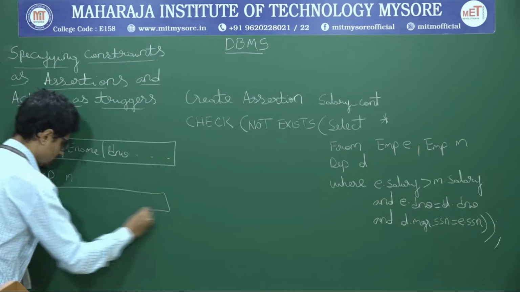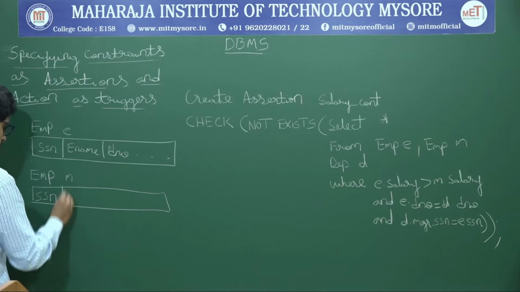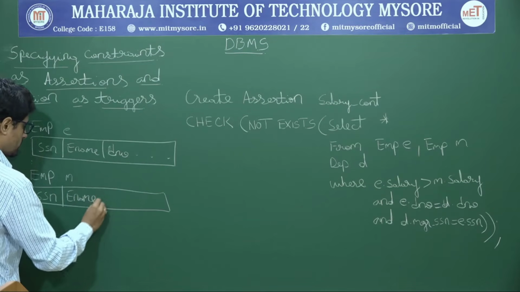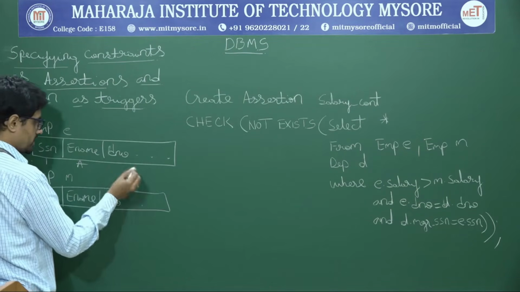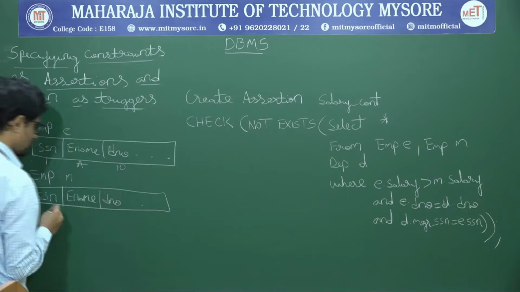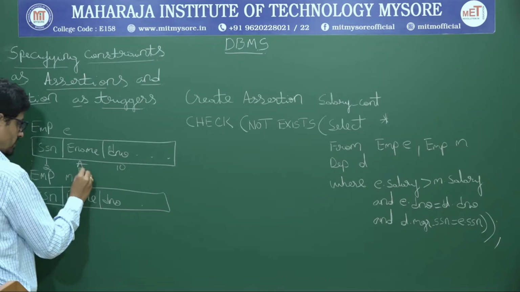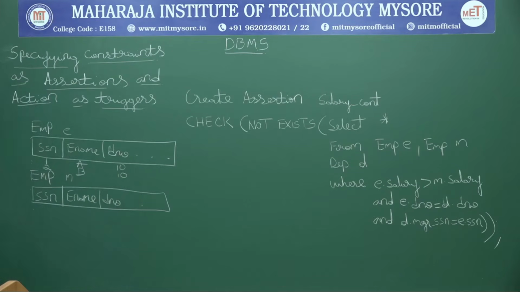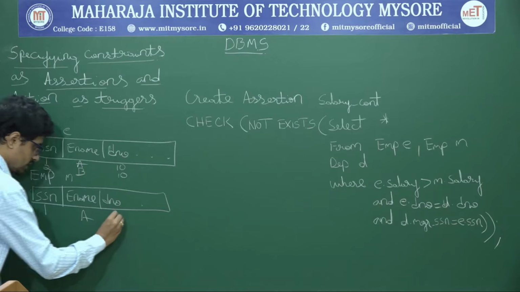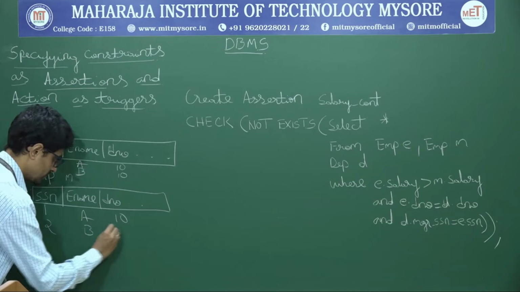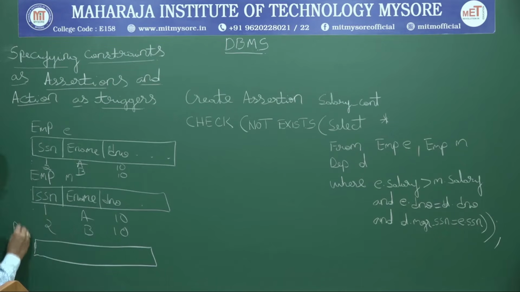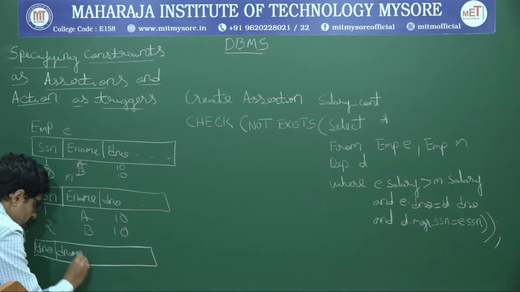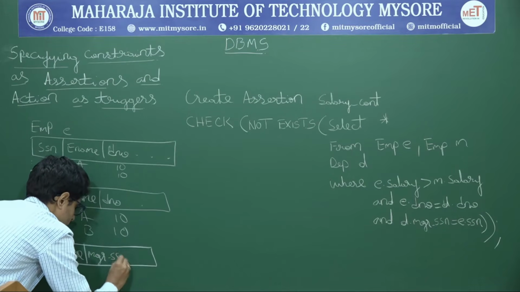Let me explain that. So again we have this table here, we have SSN, employee name, department number. Say for example SSN 1, employee name A, department number 10. Employee number 2, employee name B, department number 10. Just an instance I have taken. Okay, again 1 A 10, 2 B 10. Then we also have a table called department where we have department number, department name and MGR SSN.